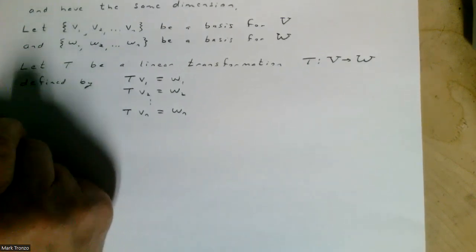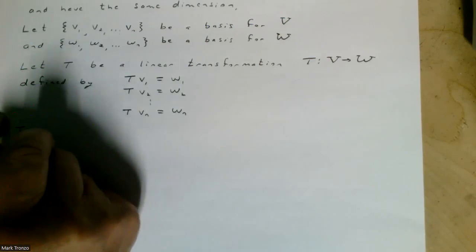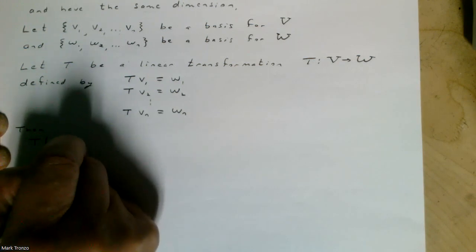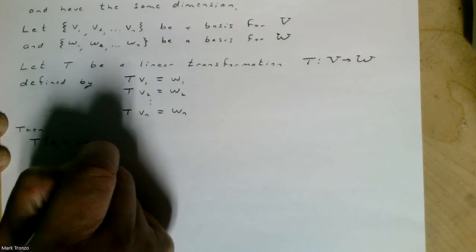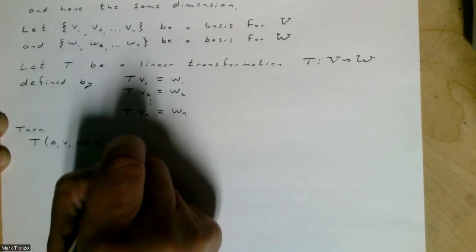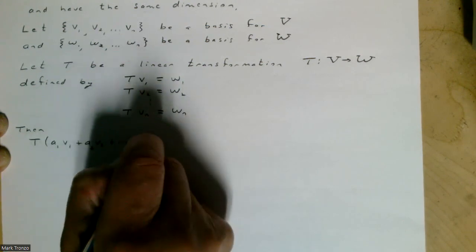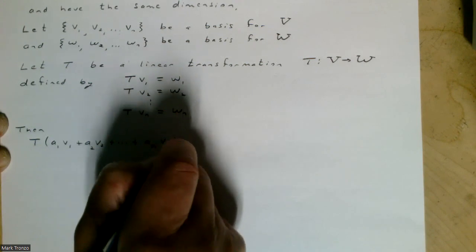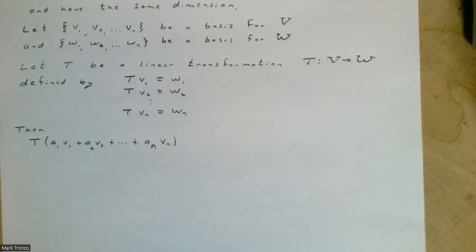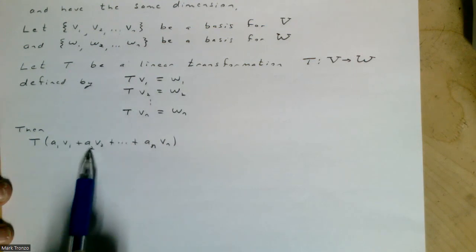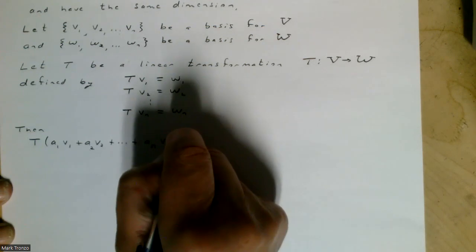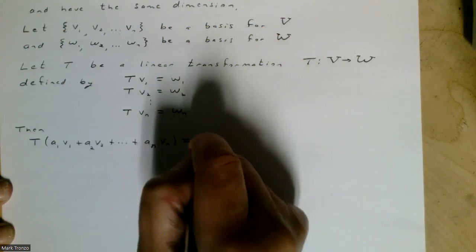Then if you take, say, a linear combination of the basis vectors of V, so we have these constants A1, A2, etc. Now we can actually break these down.